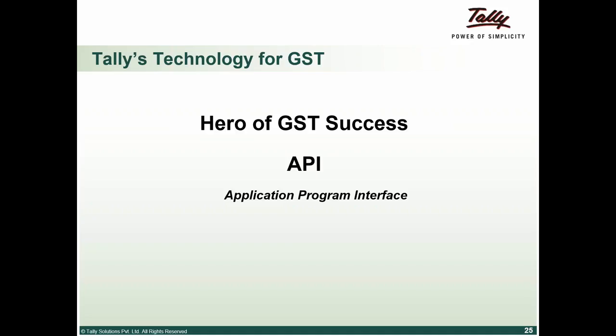For the first time, the government is providing the application program interface to the ASPs, which means application service providers, where these links or this interface can help software developers develop products in such a way that they can seamlessly communicate with the GST and ensure that the compliances are met as per the requirement of the law.